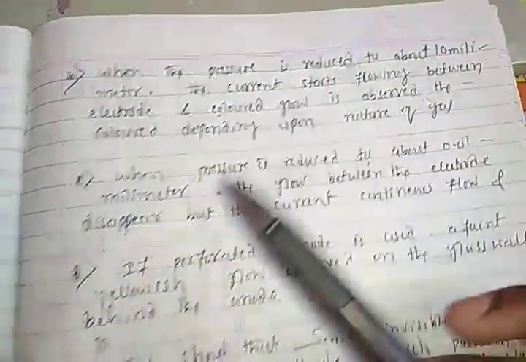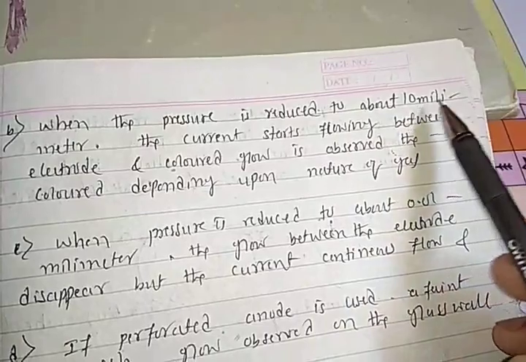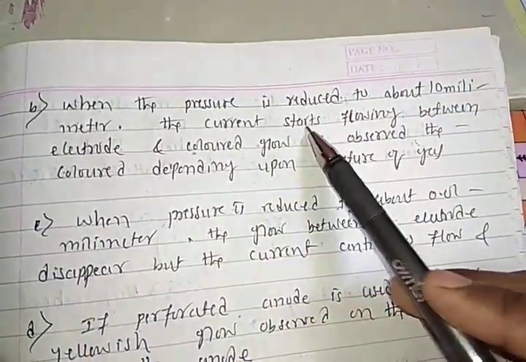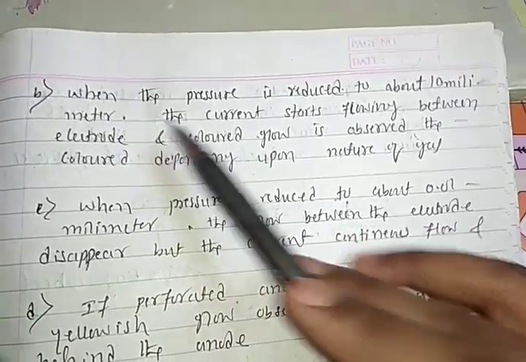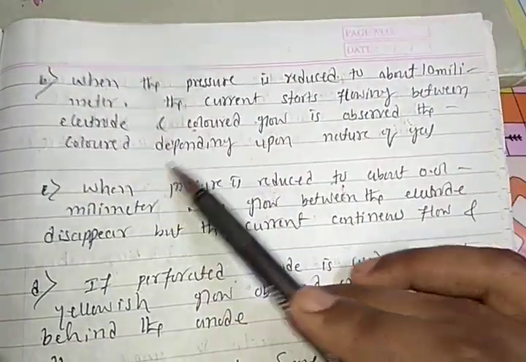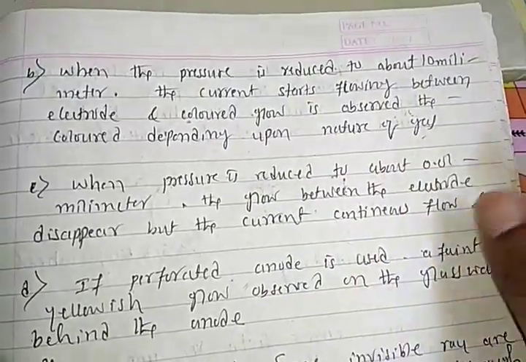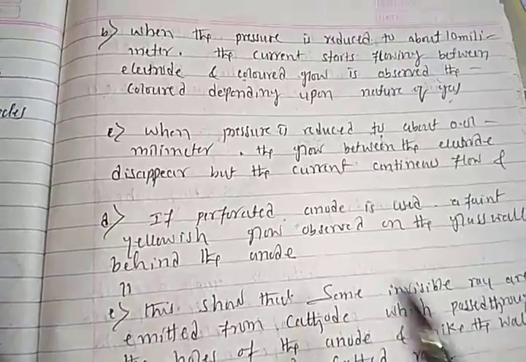That is 10 millimeter pressure, with 10,000 volts applied earlier. When pressure is reduced to 10 millimeter, the current starts to flow between the two electrodes, and a colored glow is observed between the electrodes. The color depends upon the nature of the gas. So we observe the color in this chamber.